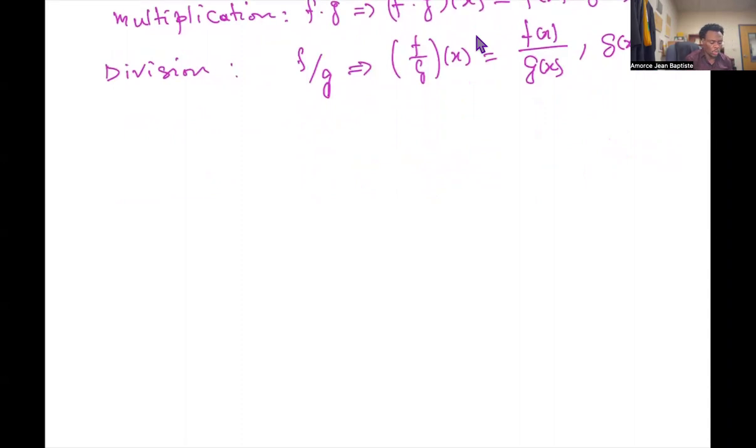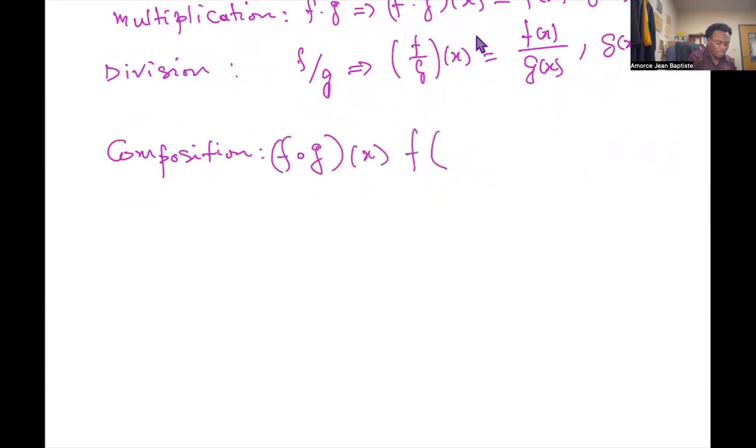We also have the composition, which looks like the multiplication, but it's not. The composition is f composition g of x, which means f replace x by g of x.